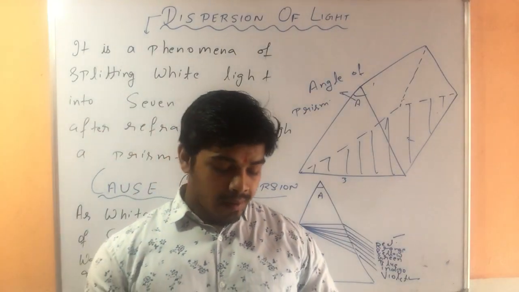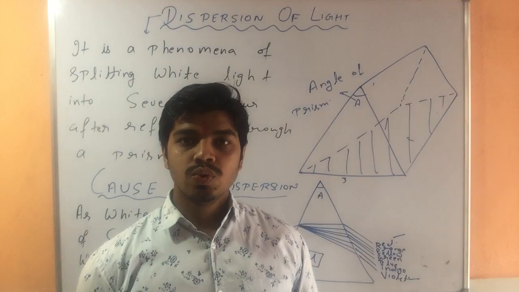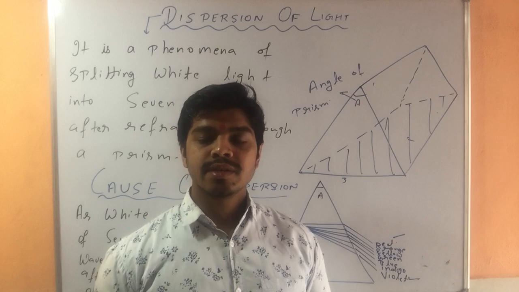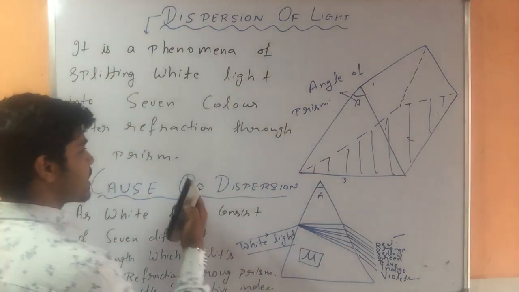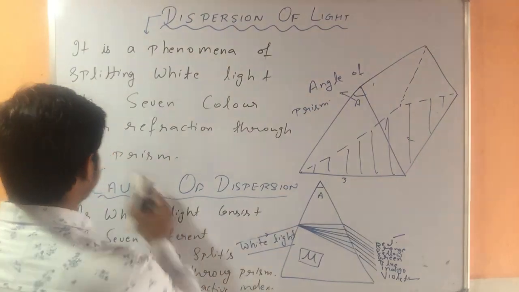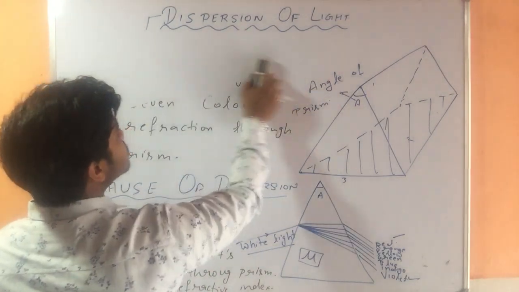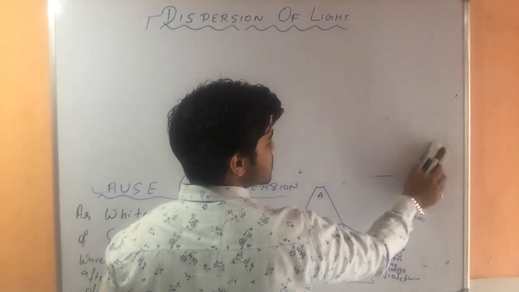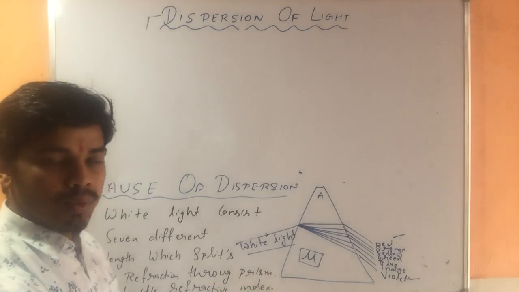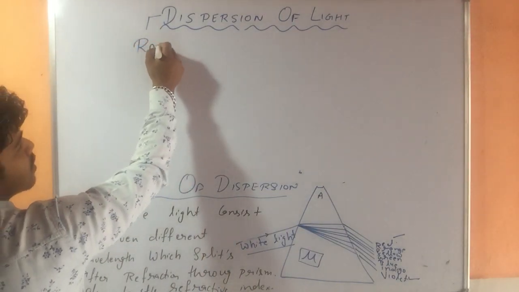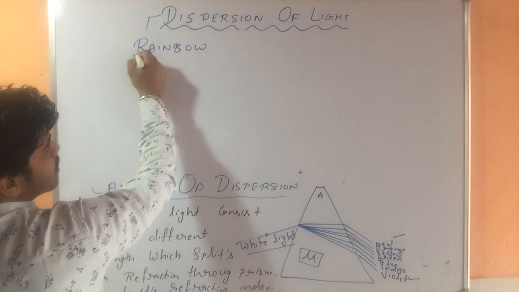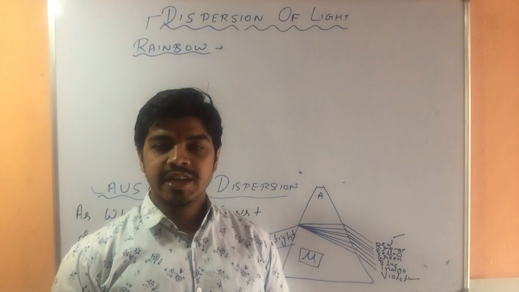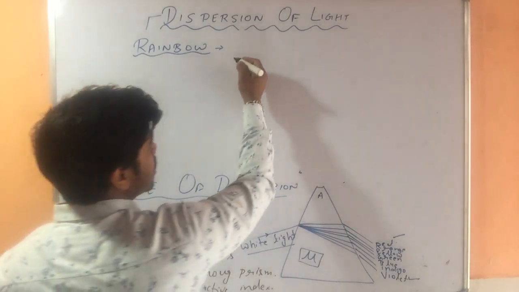Now we will take an example to understand the dispersion pattern. One of its most spectacular applications in our nature is the rainbow. Rainbow is one of the most spectacular applications of the dispersion phenomenon.